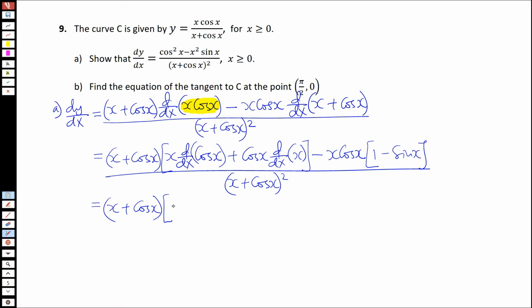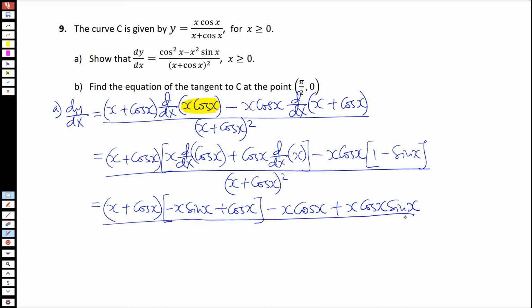So basically this will be equal to negative x sine x plus cos x, because the derivative of x is just 1, minus, we can expand this now, so that will be equal to x cos x cos x plus x cos x sine x, and then all this over x plus cos x squared.